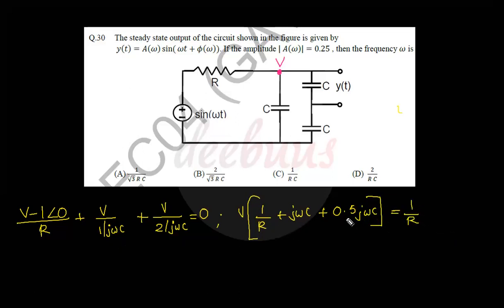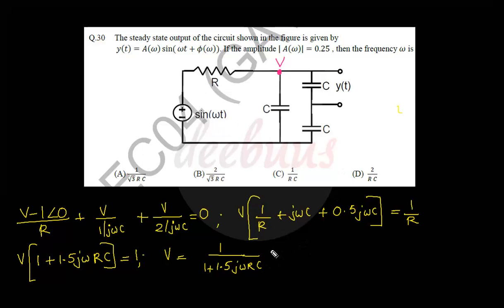Now multiplying both sides by R, V into 1 plus 1.5 j omega RC equal to 1. So V equal to 1 divided by 1 plus 1.5 j omega RC.